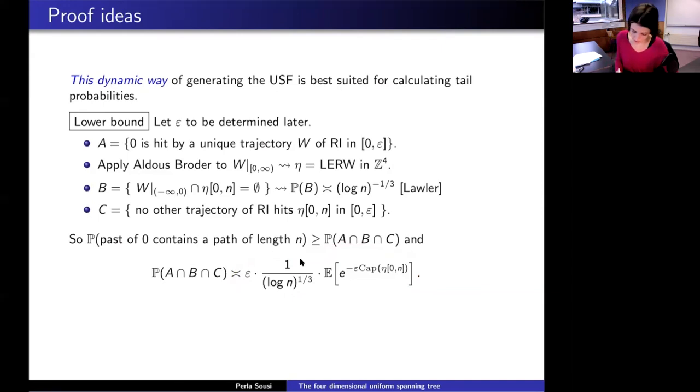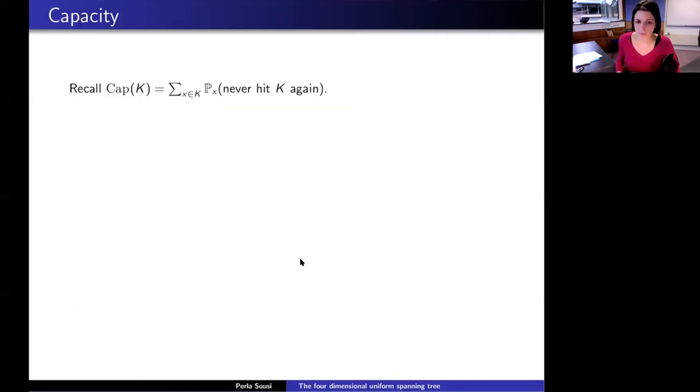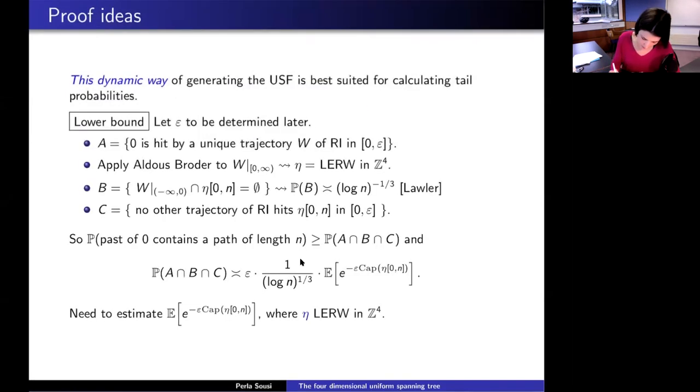What remains is to set the value of epsilon and to understand the capacity of this loop erased path. The capacity of eta 0n has expectation which is of order n divided by log n to the 2/3.